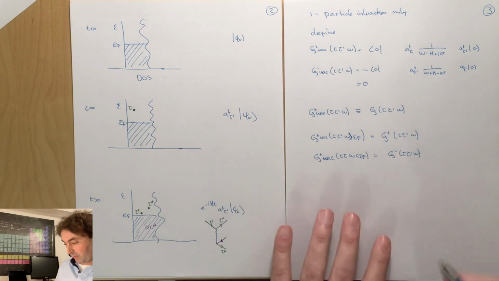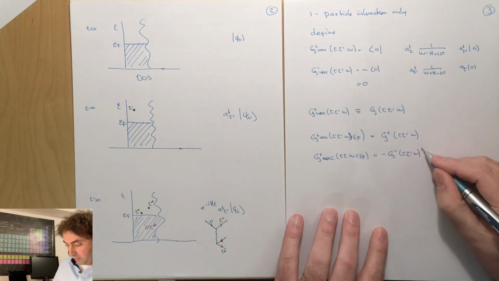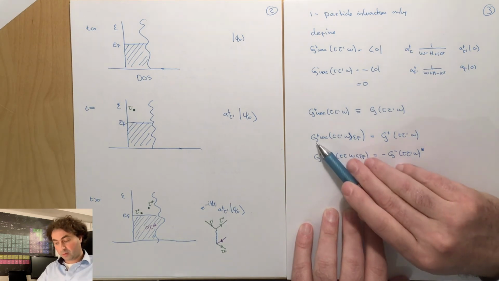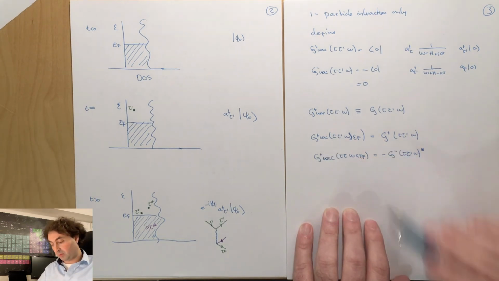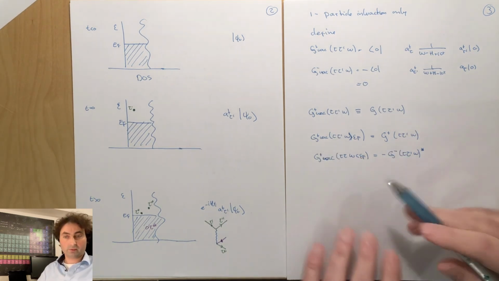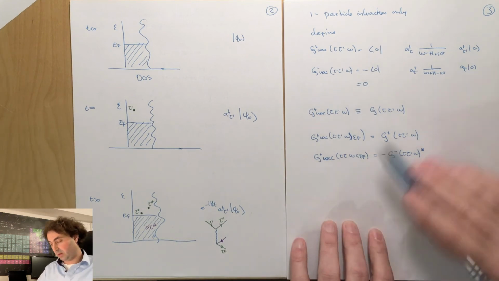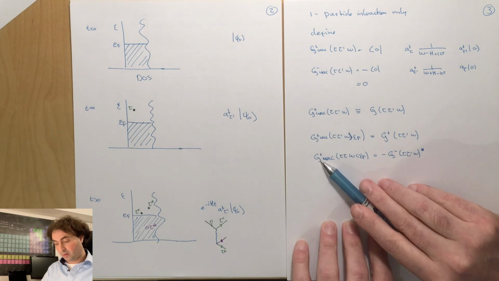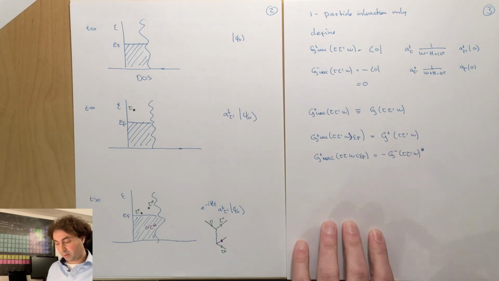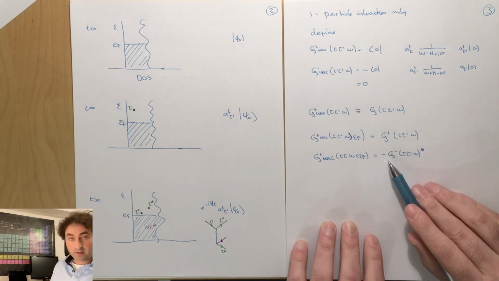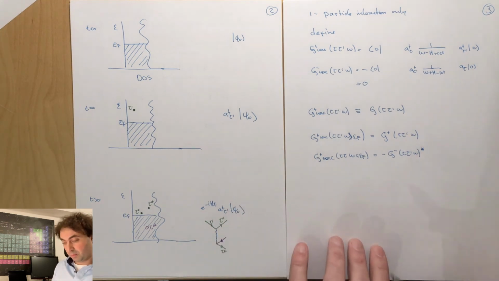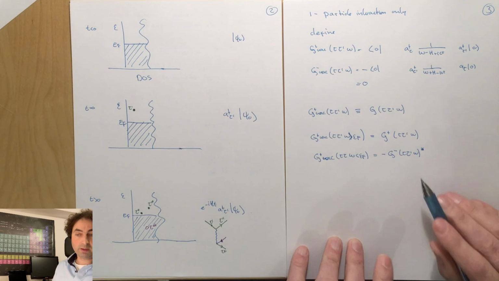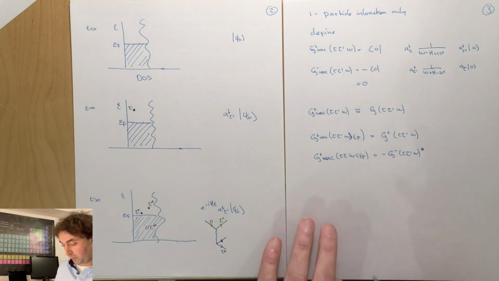We still can have a sign change, and we can have a complex conjugate in there. And that's exactly what we have. So G plus of the vacuum is equal to G plus of your full system, where you take the creation and annihilations with respect to your wave function. G plus of the vacuum for omega smaller than the Fermi energy has the same poles as G minus, but we have a minus sign and a complex conjugate. So the imaginary part has the same sign, the real part has a different sign.